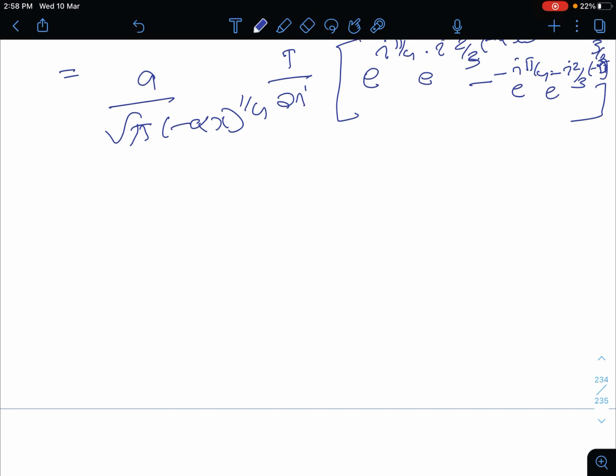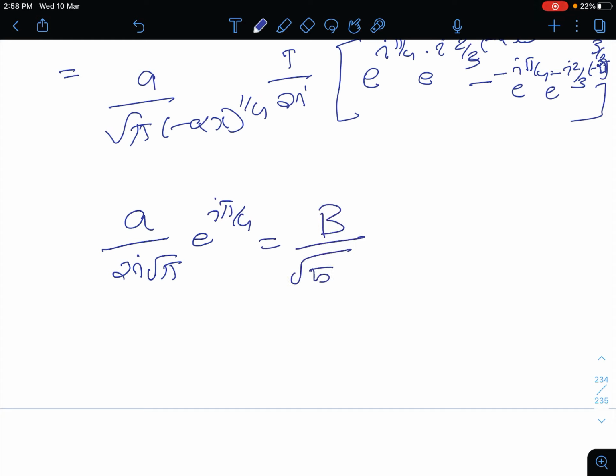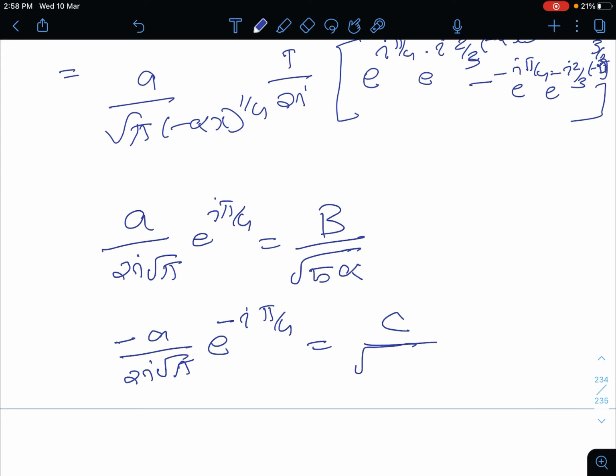So you will be getting a by 2i root pi e raised to i pi by 4 is equal to b by root of h cross alpha, and minus a by 2i root pi e raised to minus i pi by 4 is equal to c by root of h cross alpha.